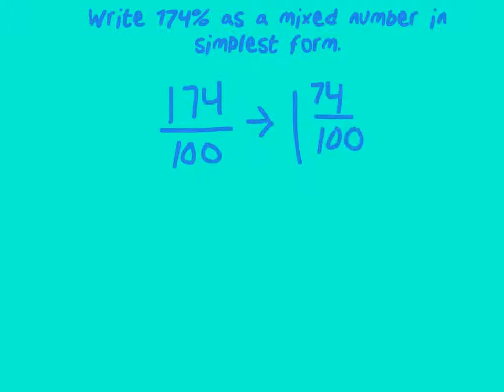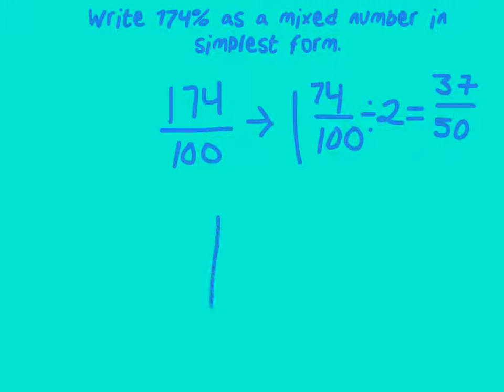Now we can simplify this. Let's try to do it nice and easy by 2. 74 divided by 2 is 37, and 100 divided by 2 is 50. I don't think that can be reduced anymore. I think 37 is a prime number.